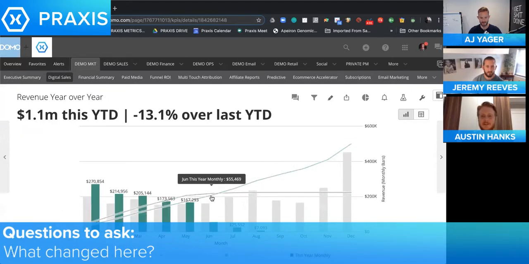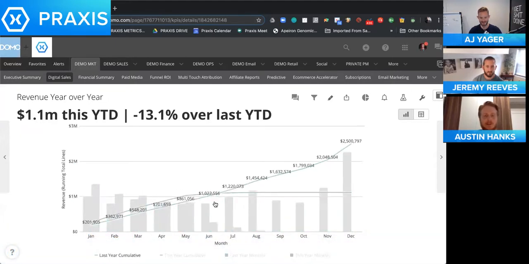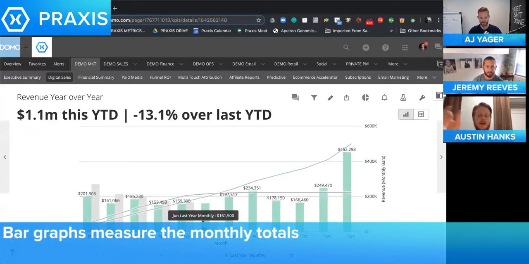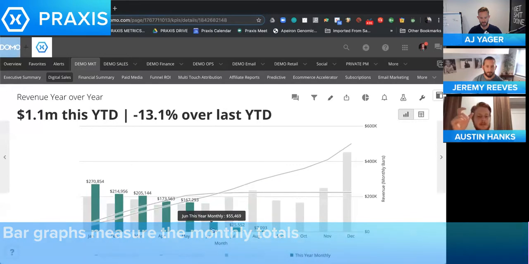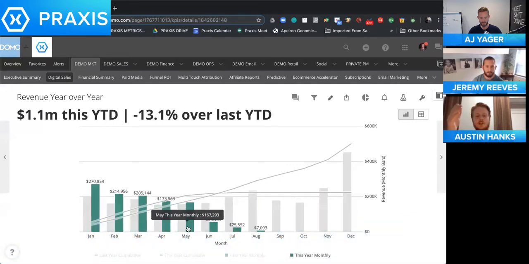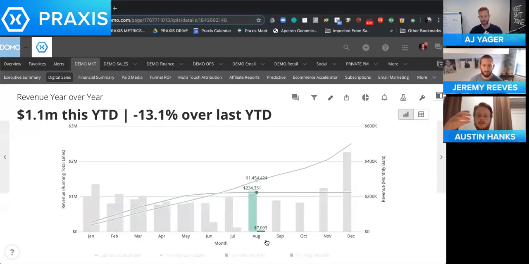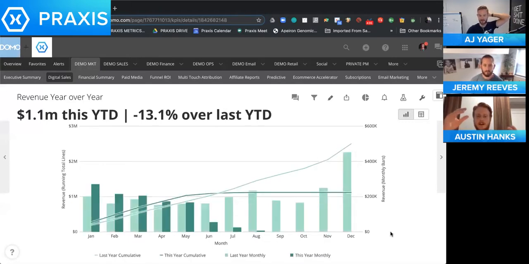Recent months, and we can see what that is as we look at the bars too. The bars give you the actual values of any given month. We can see starting in June, in July, and even more so in August, we've got some trouble going on here.